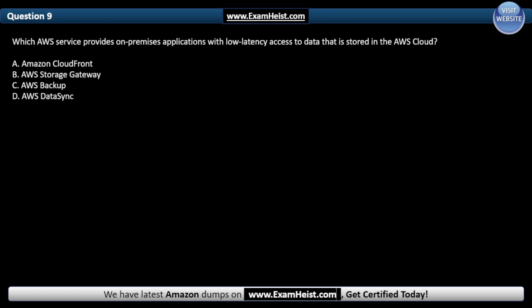Question 9. Which AWS service provides on premises applications with low latency access to data that is stored in the AWS Cloud? The correct answer is B. AWS Storage Gateway.